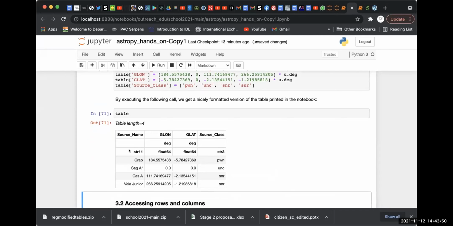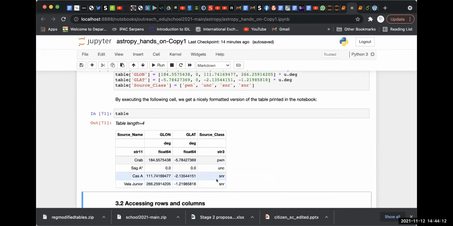And here it's telling you the type. What type of variable is there? So the name of this object is a string which has length 11, for the names Crab, Sagittarius, Cassiopeia, Vela, etc. Longitude and latitude are floats, and source class is again a string.